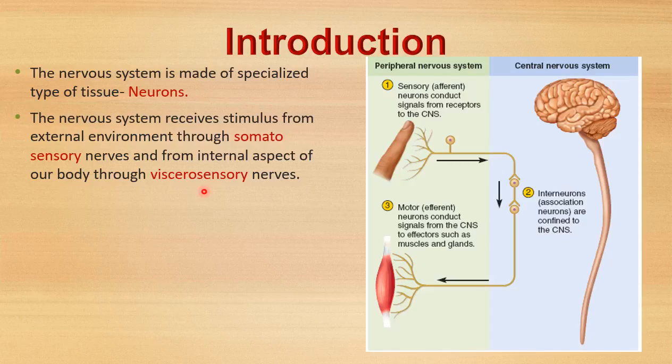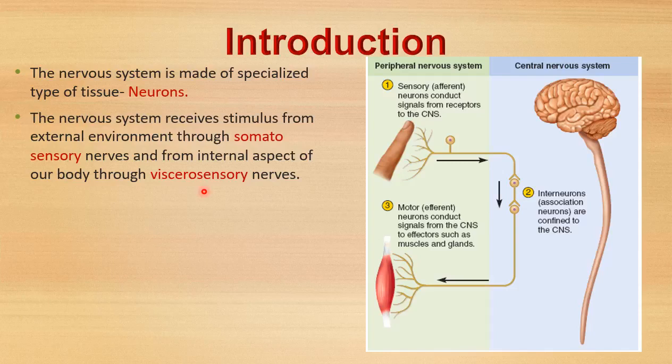This visceromotor system mainly innervates your glands and smooth muscles. Smooth muscle, you should always remember, is not only the smooth muscle you see in the gut, inner circular or outer longitudinal. Smooth muscle is present in almost all the viscera.